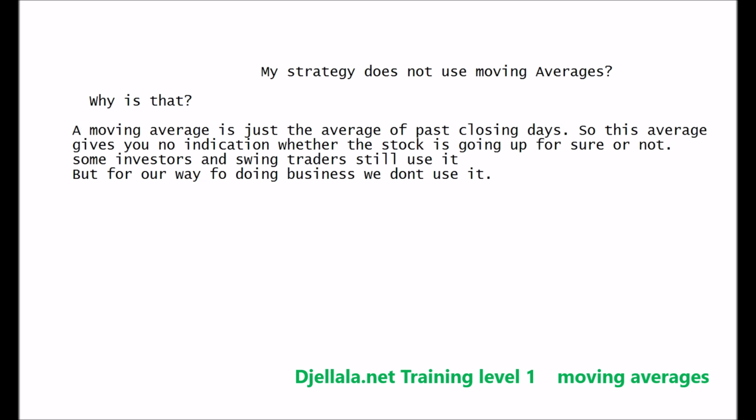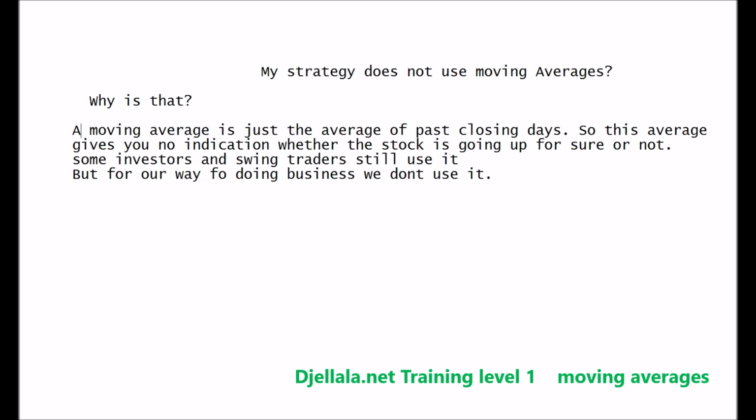They sum these days up and then divide, and they give you a line, and I will show you now with a chart how to see it. So this average gives you no indication whether the stock is going up for sure or not. Okay, it's just an indicator.